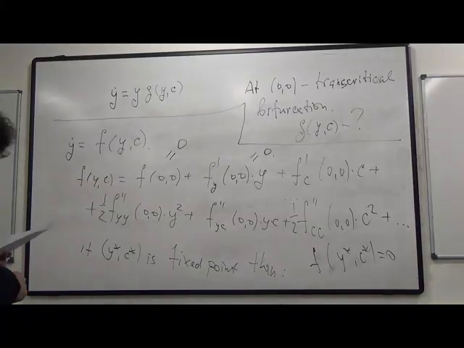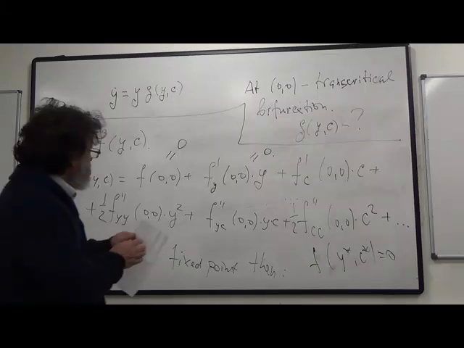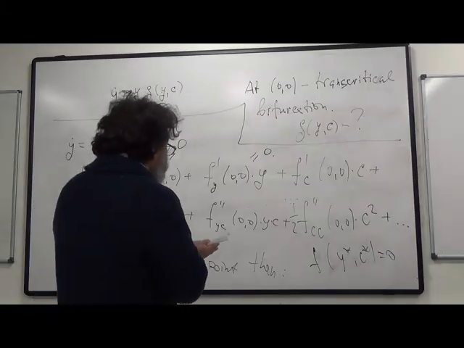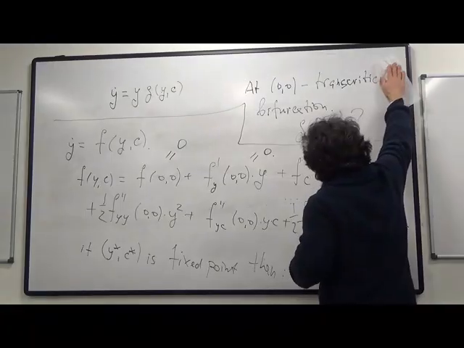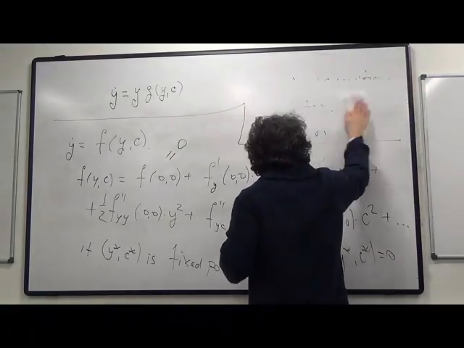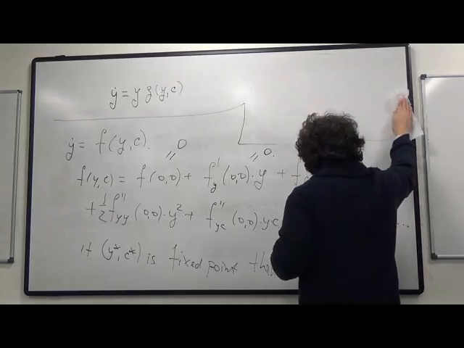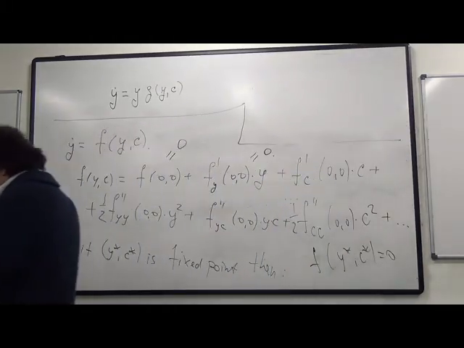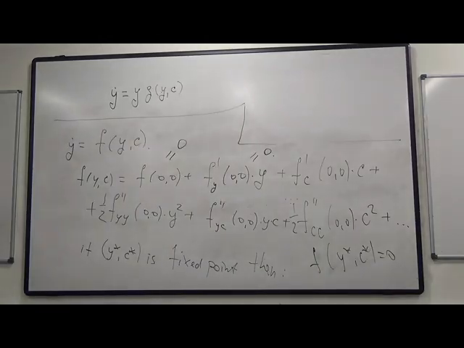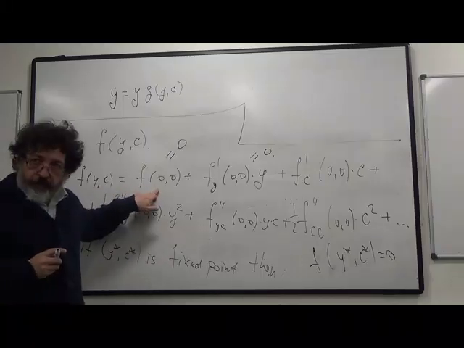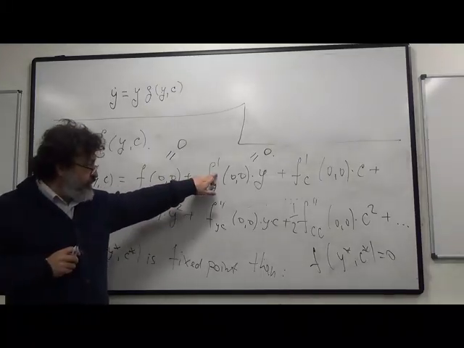I can try to explain it. So assume at 0, 0 we have a fixed point, and assume that this derivative is non-zero.